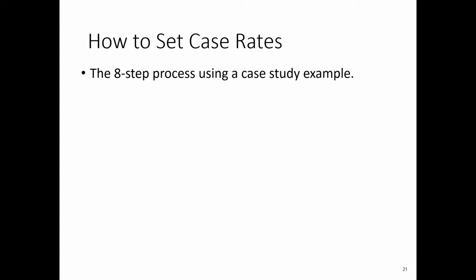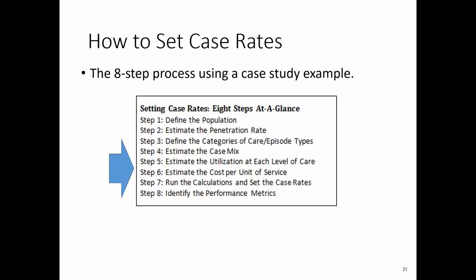And how to set case rates has an 8-step process. We're going to use an example, but we're going to focus on steps 3 through 8, which is more relevant for you all. This is how a health plan or a provider organization can set case rates all in one.